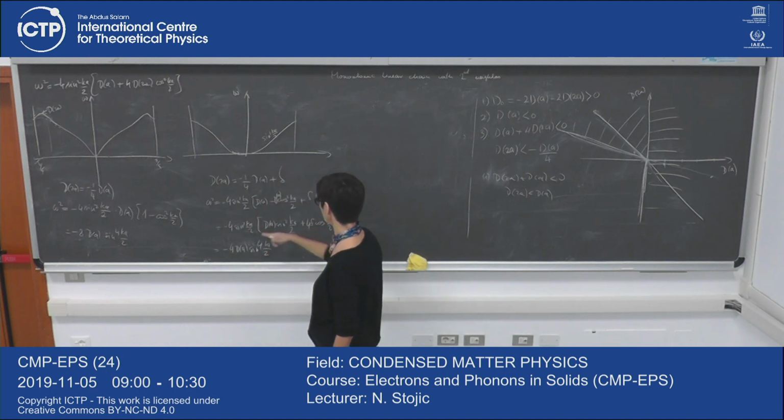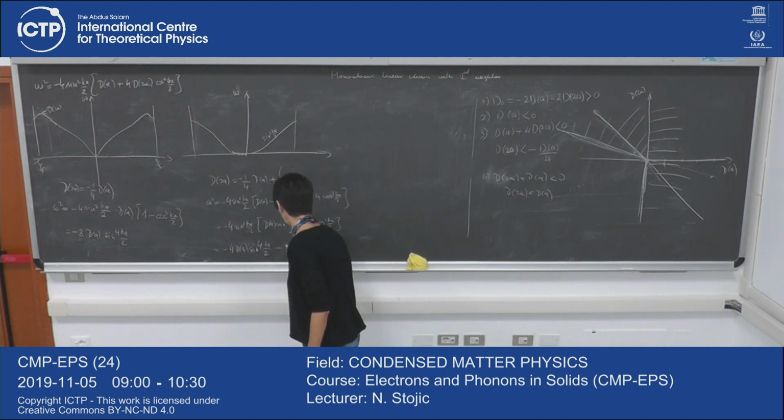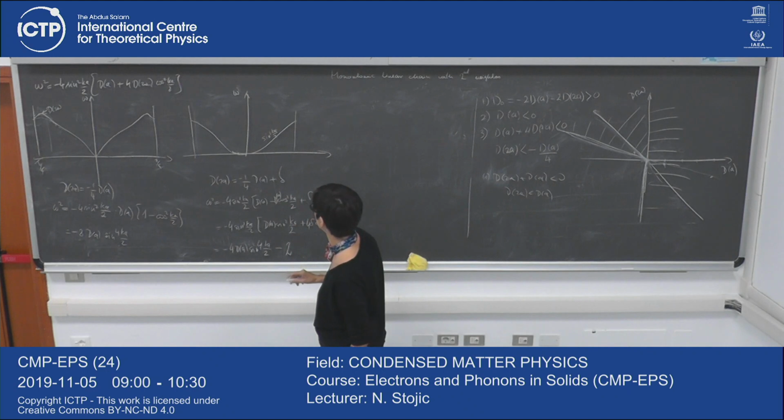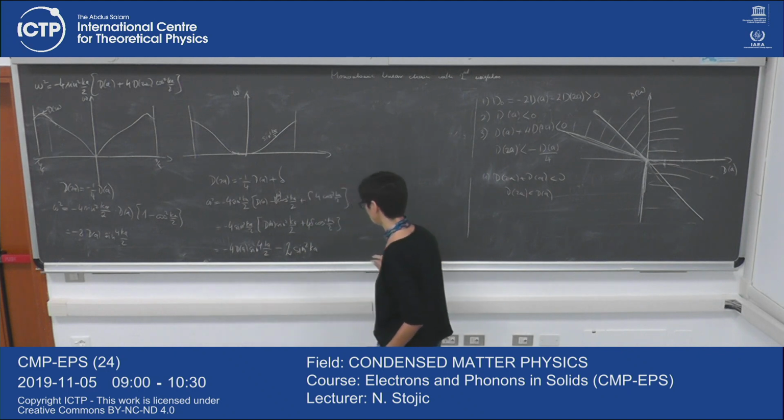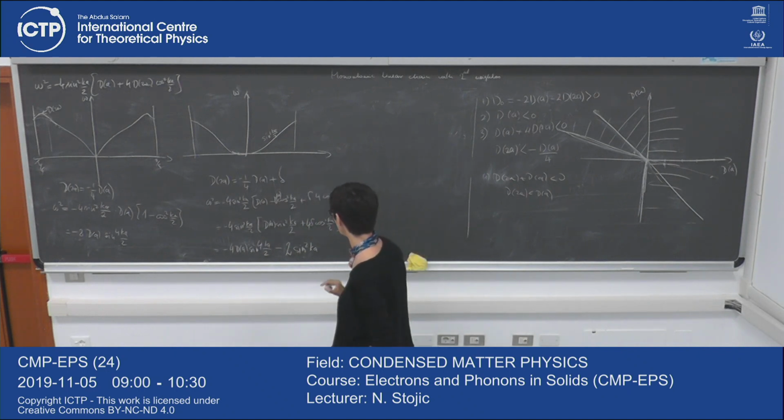And here we have 4 times 4 sine square k a cosine. We are missing a term. We need 8 times d of a sine to the power of 4. No, here there is no d.